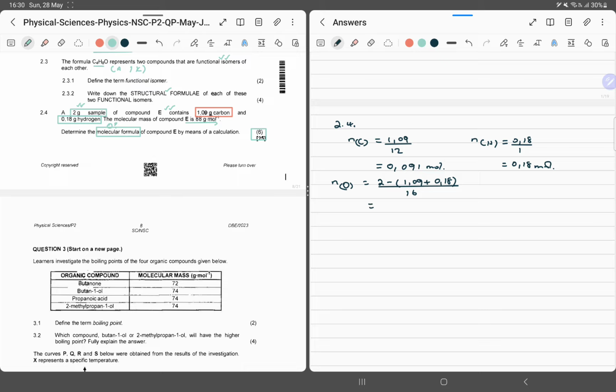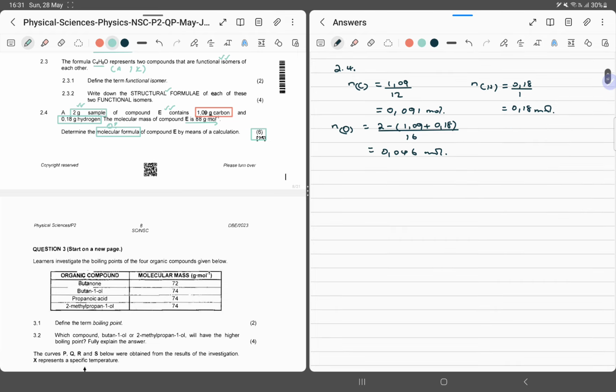So we've got 2 minus 1,09 plus 0,18. Okay, be careful here. You can make a costly mistake. That gives 0,046 moles. Okay, that's fine.